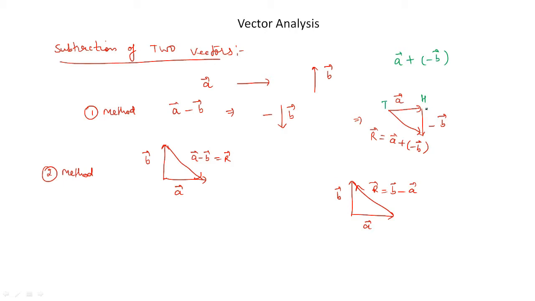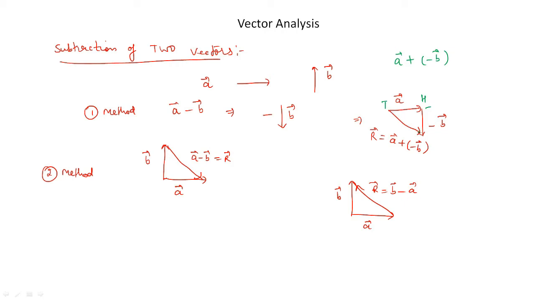Now this is the tail of the vector minus B and this is the head of the vector minus B. Now when we add, you know that we will match tail to tail and head to head.